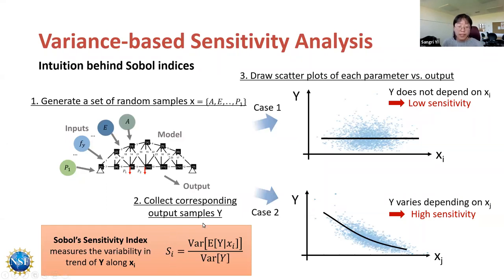So in this equation, this is the definition of sensitivity index. And this inside term, the mean of y given xi, represents this line of trend of y given xi, and the variance operation represents how variable that line is.